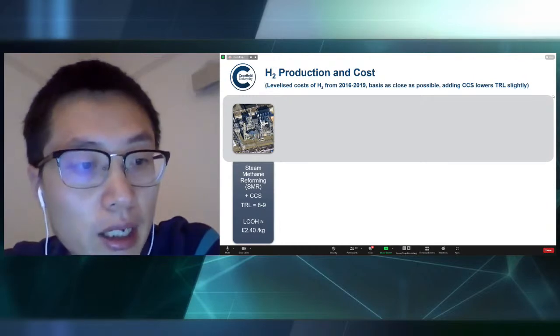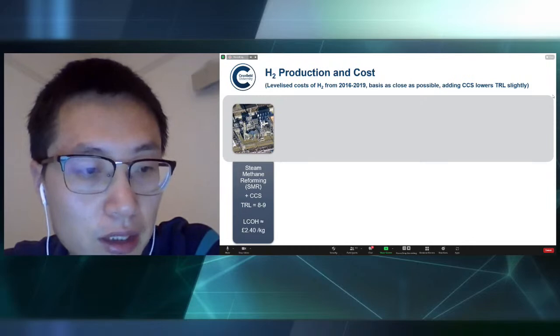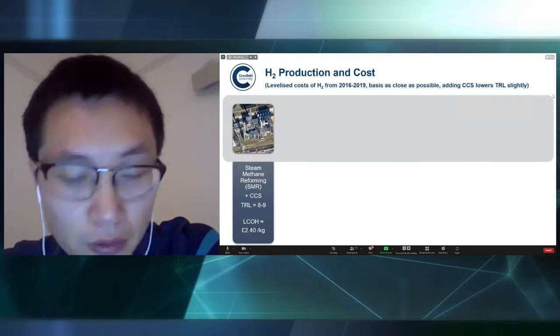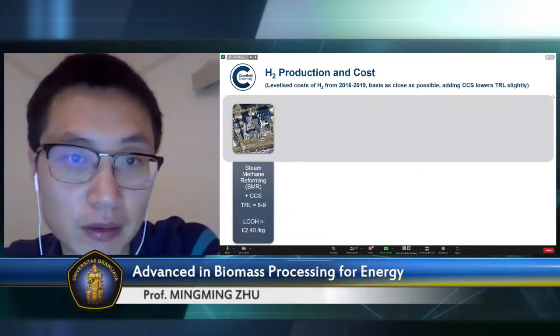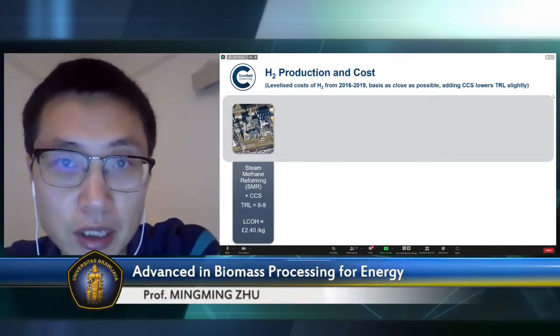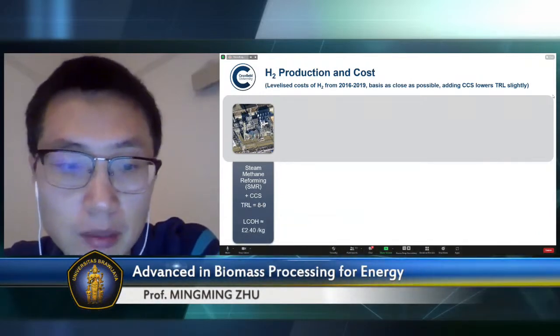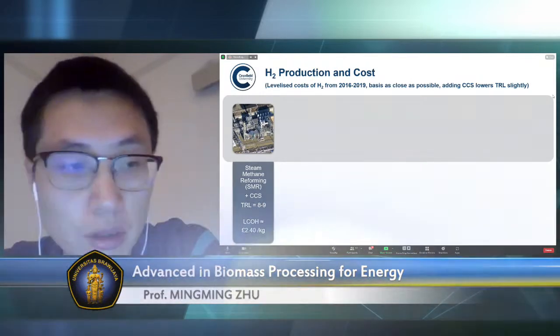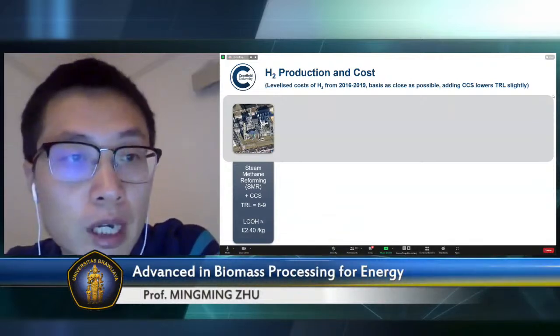And that's why the levelized cost of hydrogen production now is around £250. And of course, I believe it's going to be higher because this figure is from 2019, and particularly because of the Ukraine and Russia war, the price of methane goes up in Europe, and the price of hydrogen production, of course, will go up as well.